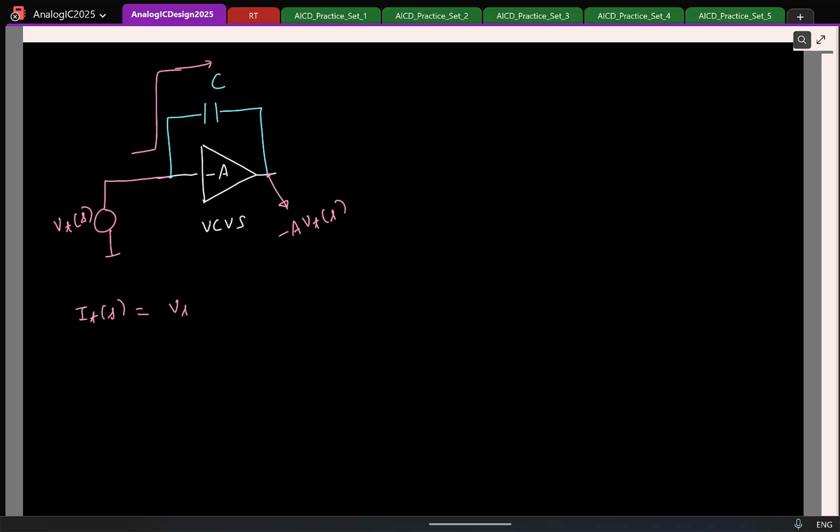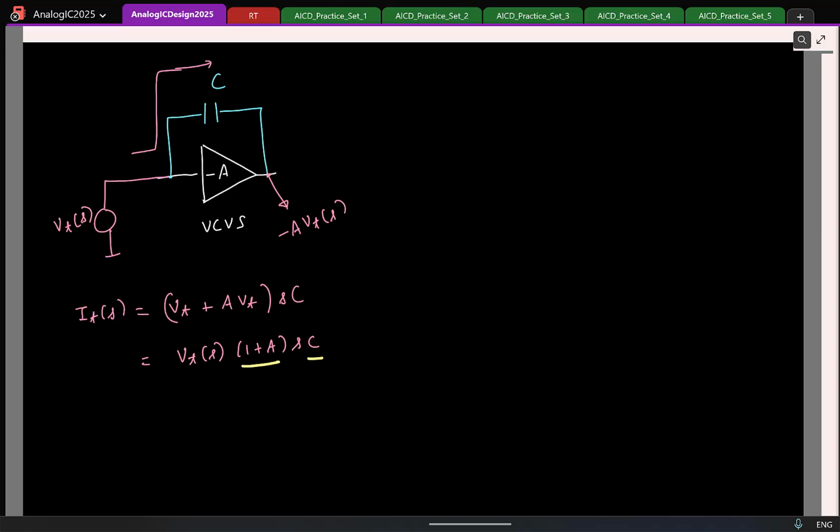I have VT plus AVT times S C. So this I can write as VT times S C into 1 plus A. So some of you might know this already. Looking here, it seems like I have a capacitance, an effective capacitance whose value is 1 plus A times C.